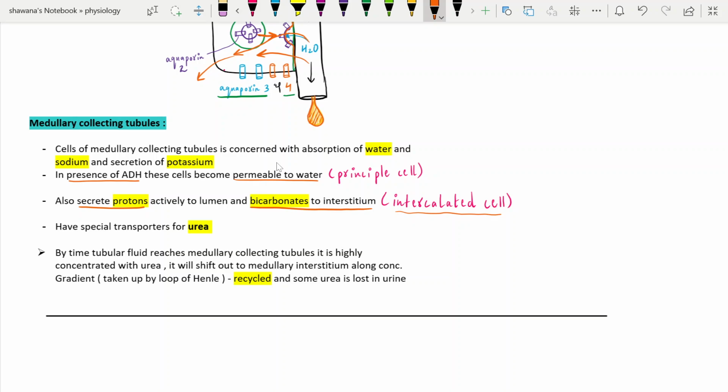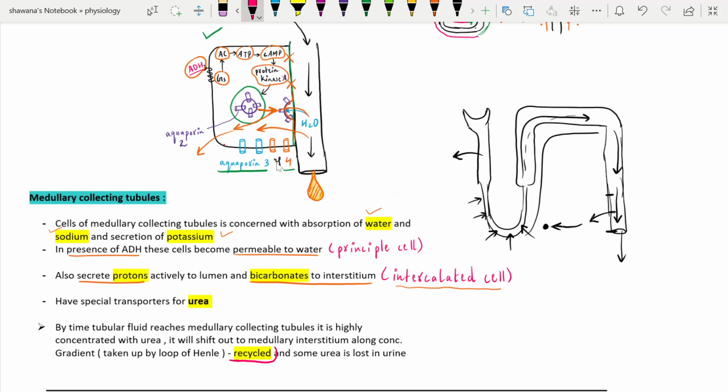Of course, some part of urea will be lost into the urine, but before being lost into the urine, this urea will be reabsorbed into the medullary interstitium, taken up by the loop of Henle, and recycled into the tubular fluid. This is known as urea recycling as far as the nephron is concerned. This is the urea recycling process in the nephron tubules. Medullary collecting tubules have some specific functions for urea handling.